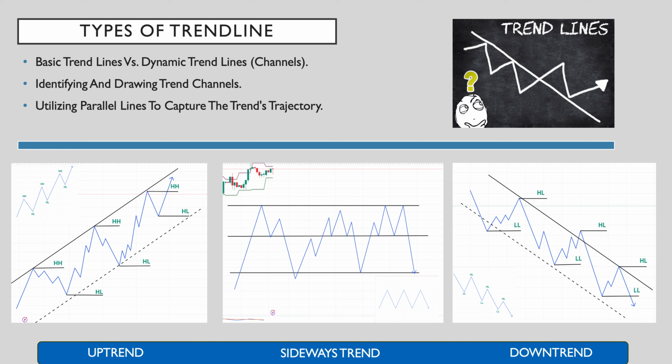Yes, it appears to be more complex because the market is not going to show you an ideal uptrend in this direction, or an ideal sideways trend in this direction, or an ideal downwards trend in this direction. It's going to come in patterns like this. So it's never going to be smooth or ideal.